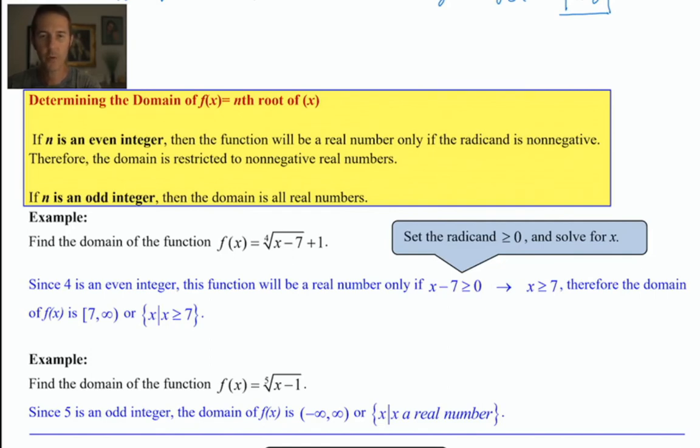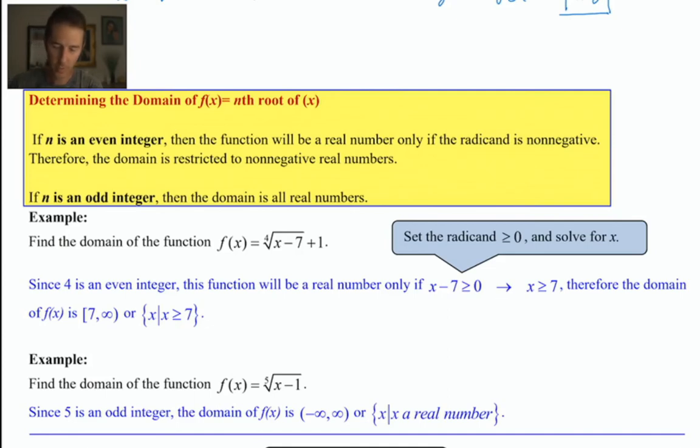In other words, your answer is going to be a nice answer, relatively nice, only if the radicand is non-negative. In other words, your radicand, the stuff underneath the root symbol, must be greater than or equal to 0. Greater than or equal to 0. Not negative. Means it could be 0. 0 is not negative. Or it could be positive.